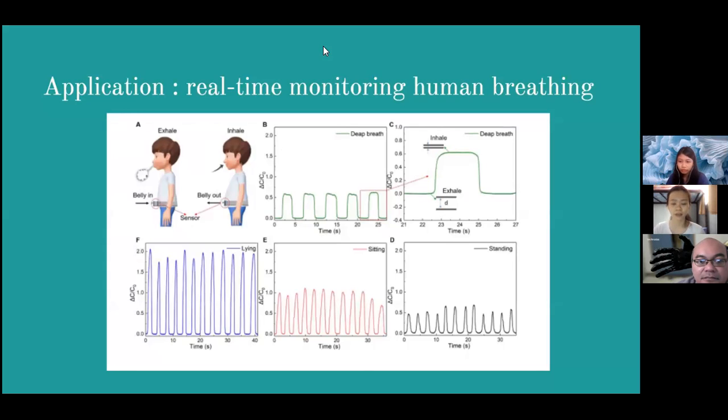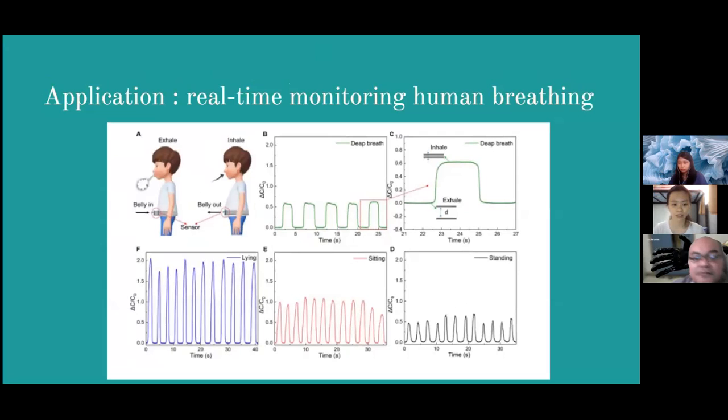Okay, and for the application, one of the applications is for the real-time monitoring of human breathing. These are several graphs and illustrations on how the sensor works. As we can see, the sensor is placed near the belly of the individual.